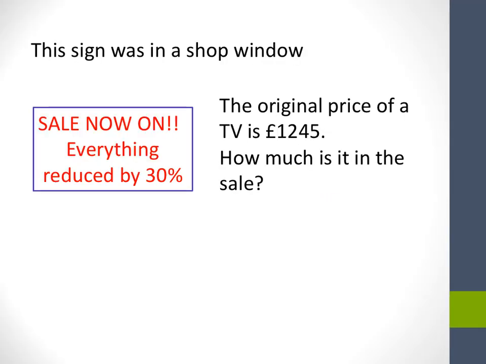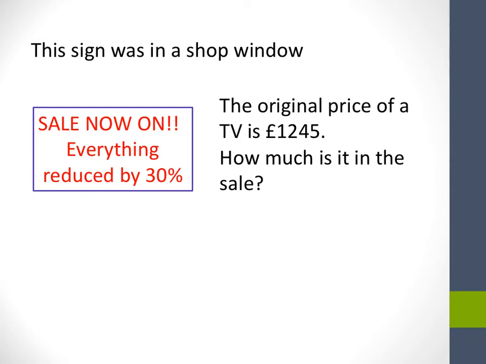So there was a sign in a shop window. It says the original price, the cost of a TV, is $1,245, and it says that everything has been reduced by 30%. So how can we work out the price in the sale?